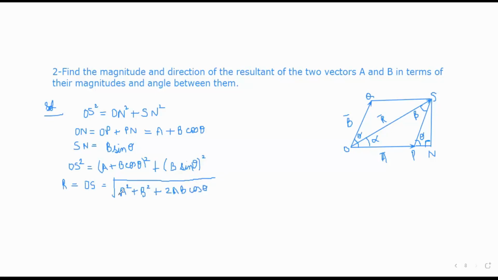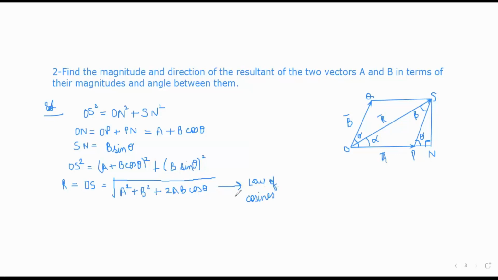So this is the magnitude of R that we wanted to know. You will also be aware that this equation is basically the law of cosines that you must have studied in your mathematics or trigonometry.